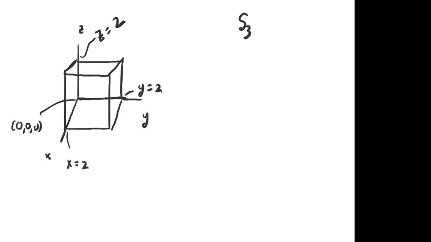Okay. So S sub 3, I defined to be the right-hand side of my cube. So that means the unit normal vector is going to look like that.